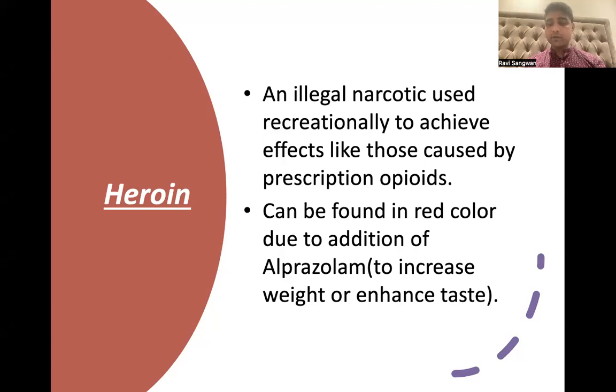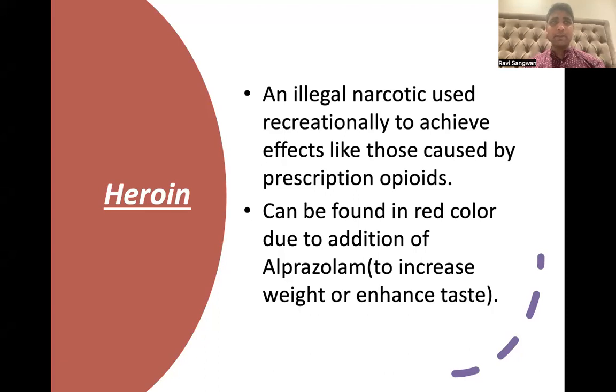So there are two types of natural plants which give us all the natural drugs. One is the cannabis plant, and the second one is the opium poppy plant. Heroin can be found red in color because people are not giving you pure heroin.